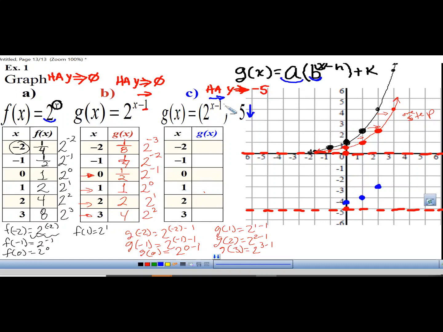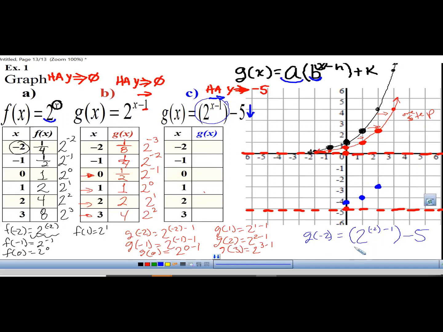So I'm going to take this. Now, I'm not going to do the work. Well, let me show you the work for the first one. G of x equals parentheses 2 to the exponent of x, minus 1, close parentheses, and at the end, minus 5. My first value is -2.